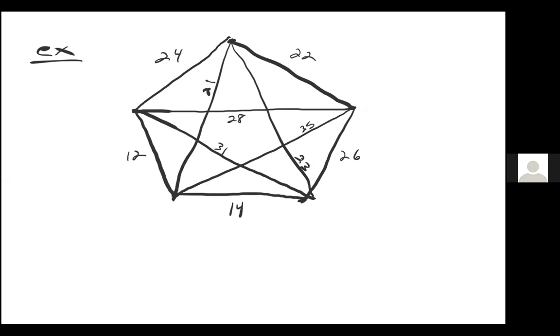Does anyone remember what I'm trying to avoid when I select my edges? So the big idea in Kruskal's algorithm is to avoid making a what? Circuit, right? So I basically just pick the smallest one, or in the event of a tie, pick randomly, and I'm trying to avoid a circuit.